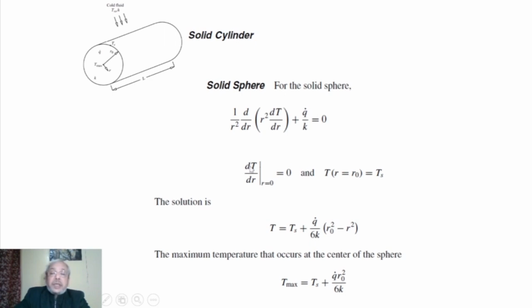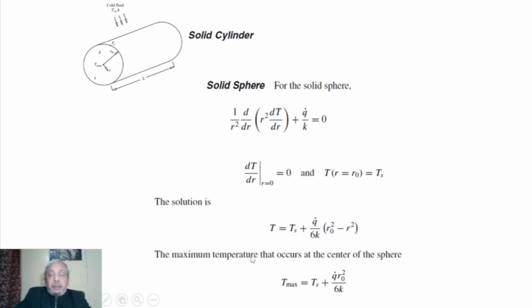And boundary conditions are again dT/dr at R equal to 0, that means at the center, equal to 0, and T at R equal to R naught, that means the surface of the sphere, is Ts. So the solution will be T, function of R, is Ts plus Q star by 6K into R naught square minus R square.